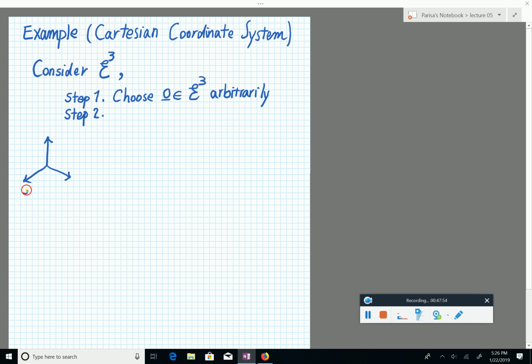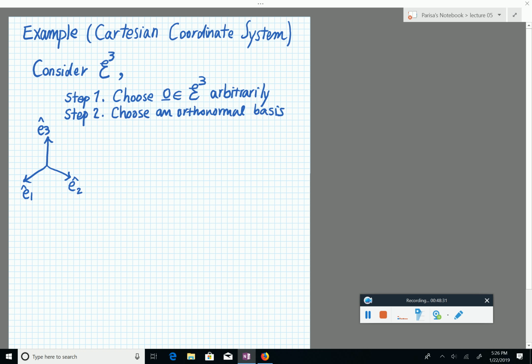And we choose an orthonormal basis. So when I say procedure, that's what I mean. You need to have a few things to get a coordinate properly defined. So the steps: choose an orthonormal basis.